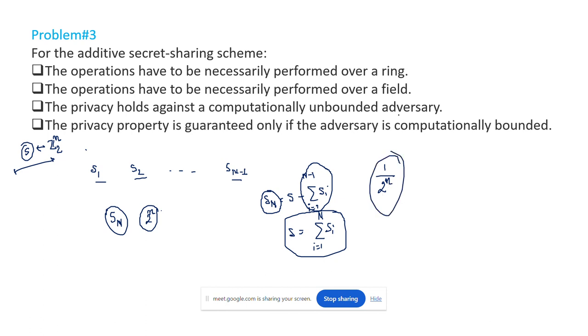So even if the adversary has unbounded computational power, it will not be able to guess Sn successfully except with negligible probability. So the third statement is correct, and the last statement is just the opposite of the third statement, so it is not true. So is this okay? Yes, ma'am. Okay.